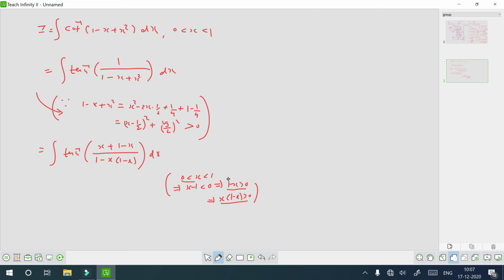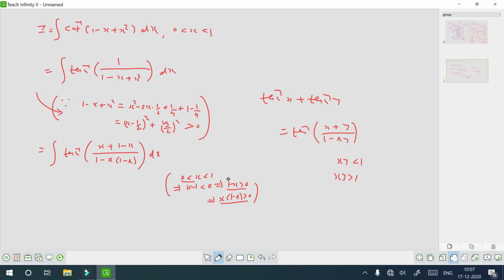And we know that tan inverse x plus tan inverse y is equal to tan inverse of x plus y over 1 minus xy, when xy is less than 1.